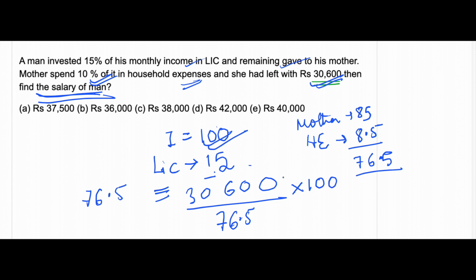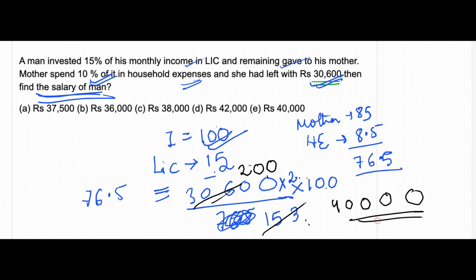Now multiply numerator and denominator by 2, so it becomes 153. Now just divide this. 153 into 2 is 306, so 200. 200 into 2, 400, 400 into 100. This is your answer. Okay, so the answer is option E.